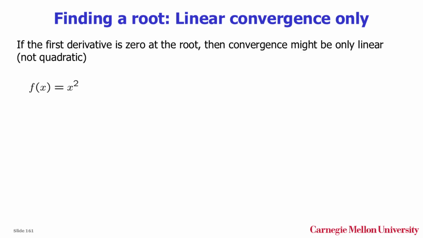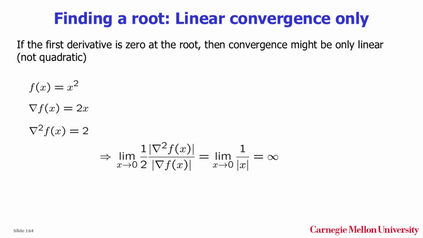Next, we show an example where Newton's method converges to the correct solution, but only at a linear rate rather than a quadratic rate. Let f of x be x squared. We can easily compute its derivatives. The first derivative equals 2x, and the second derivative is 2.